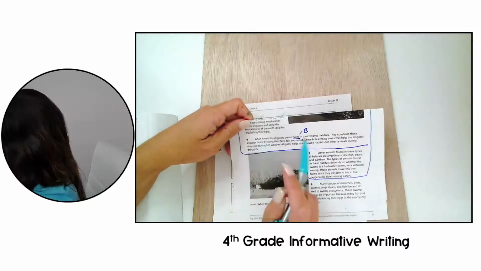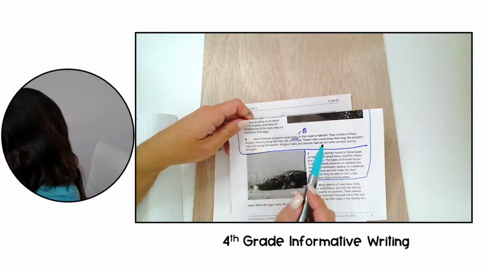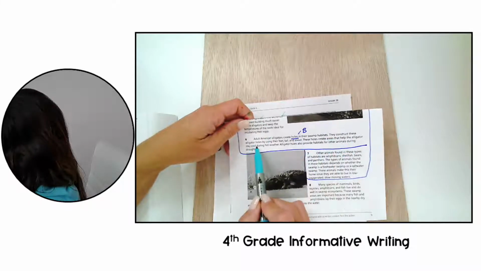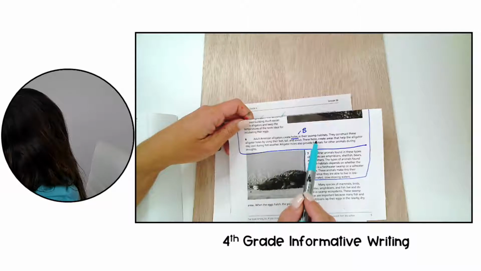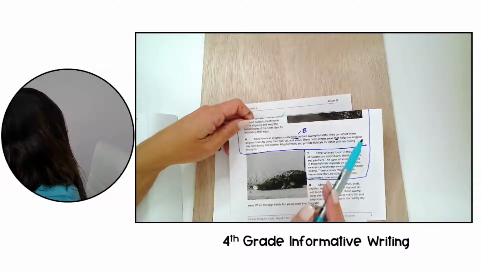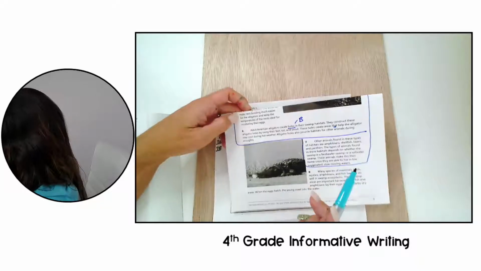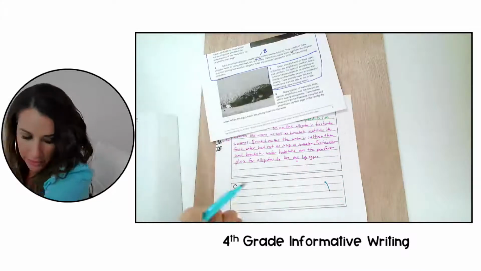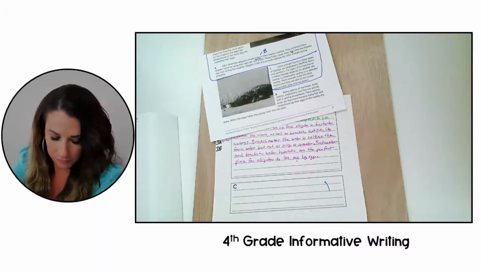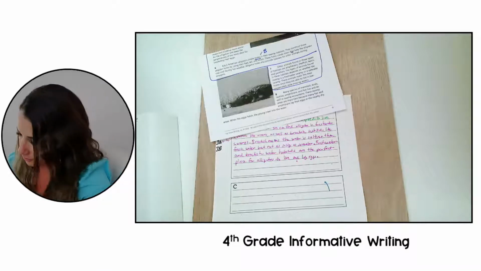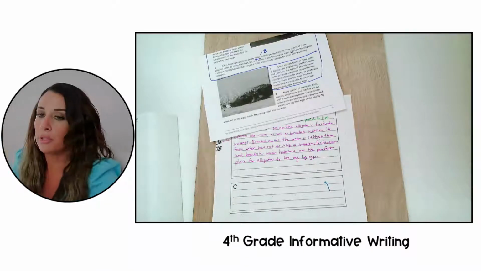American alligators create holes in their swamp habitats. They construct these alligators' holes by using their feet, tail, and snout. These holes create areas that help the alligator stay cool during hot weather. Alligator holes also provide habitats for other animals. So I'm going to say, let me get my blue marker for you.